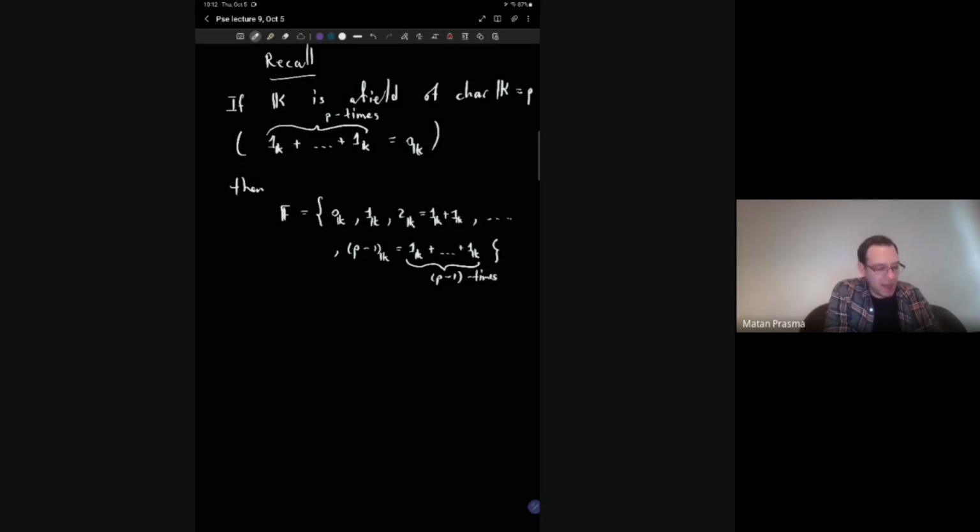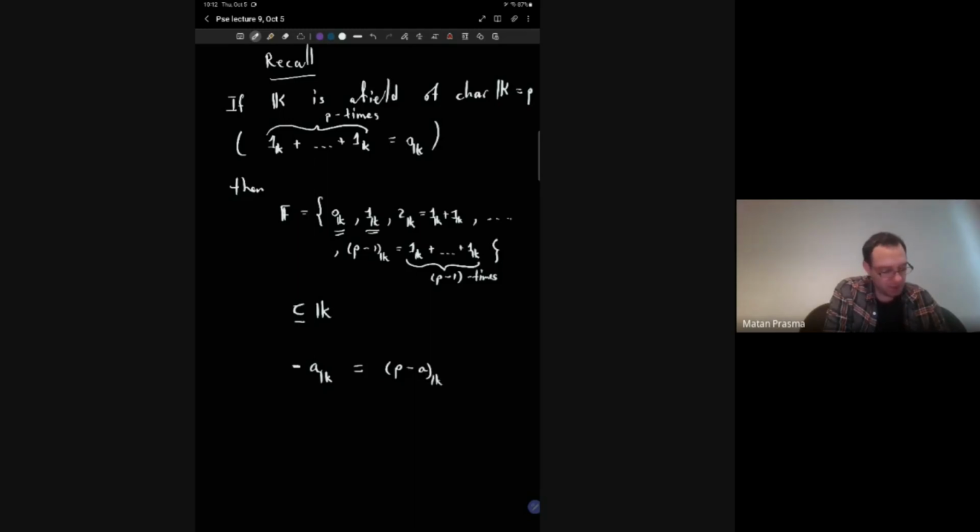And I claim that, of course, this is a subset of K. It contains the 0 element and the unit element. It contains an additive inverse for every element, because the additive inverse for a sub k is simply p minus a sub k.